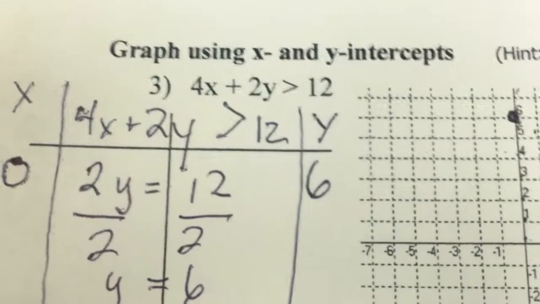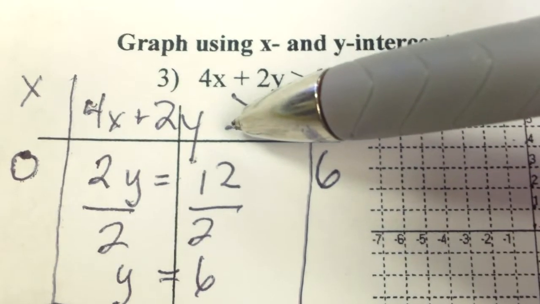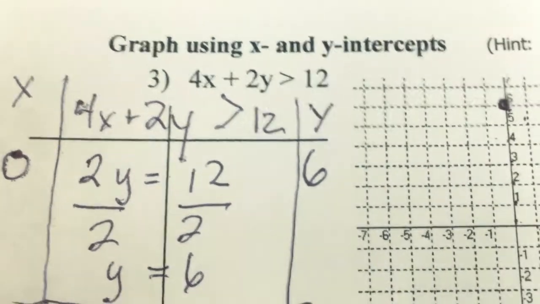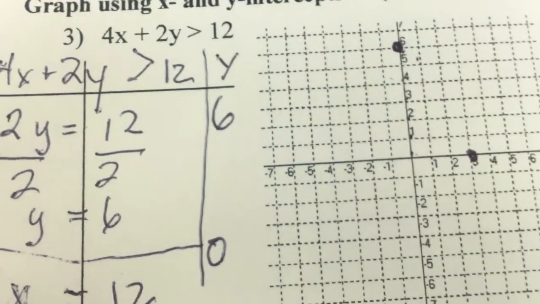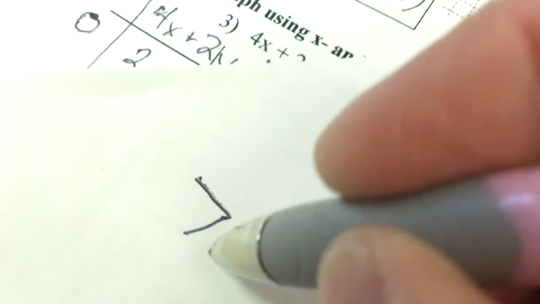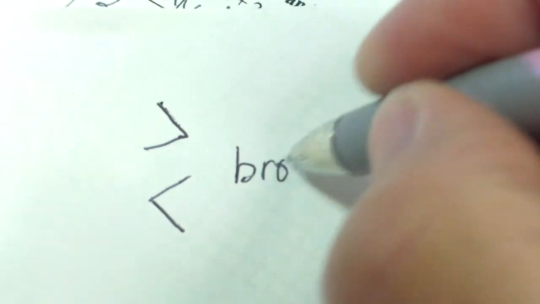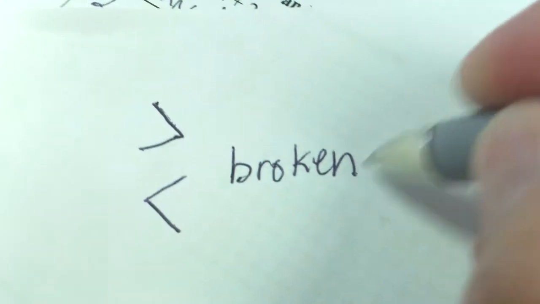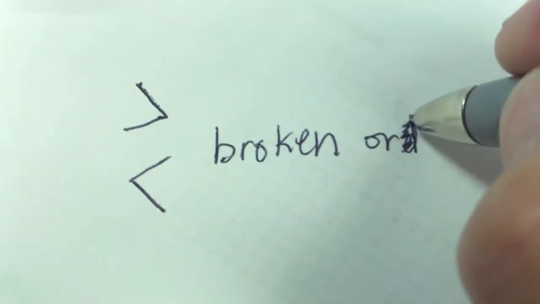Now, since this symbol looks like this, I'm going to show you something that you should know. I'm going to show it to you anyway. If your inequality symbol looks like this or like this, your line is going to be broken. Sometimes we call it broken or dotted.